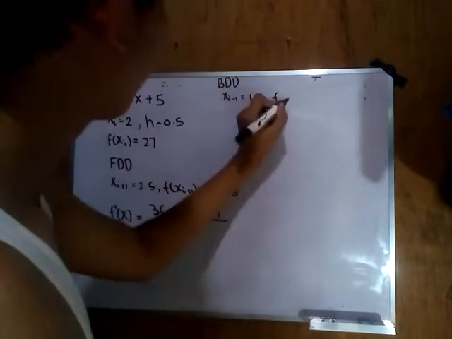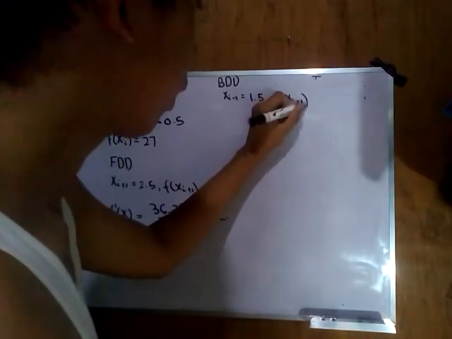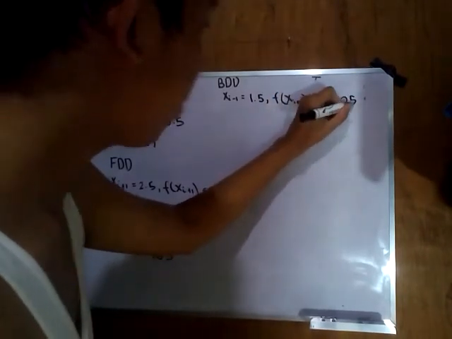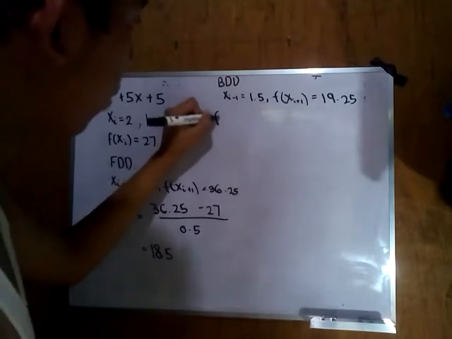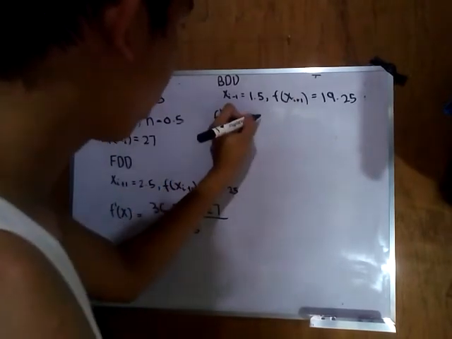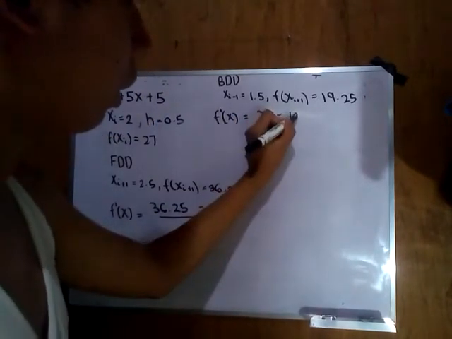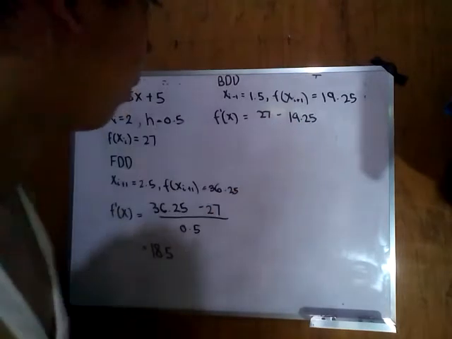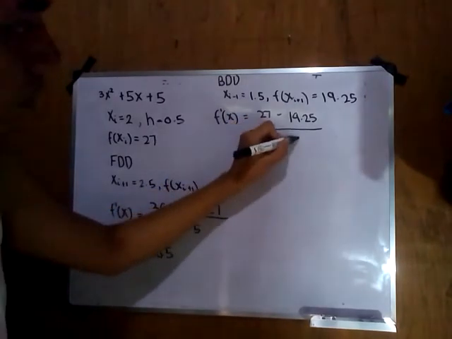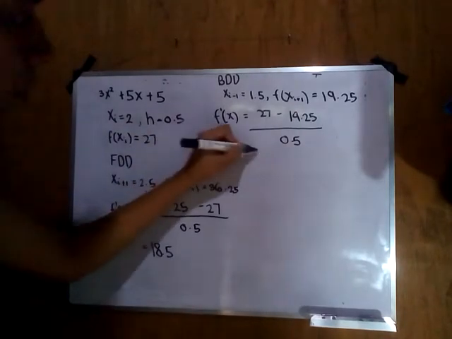The value of f of x at 1.5 is 19.25. Applying the formula for BDD, we have f prime of x is equal to 27 minus 19.5 over our step size, which is 0.5. So we have a value of 15.5 for BDD.